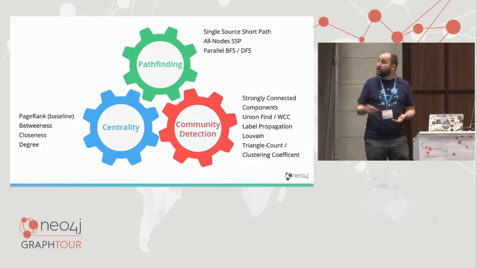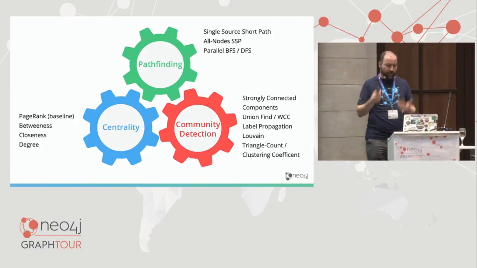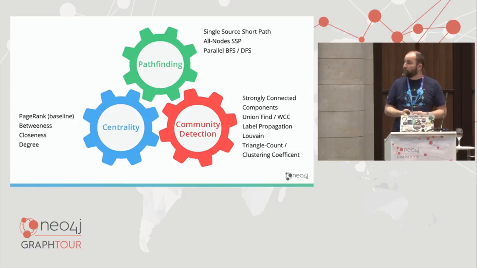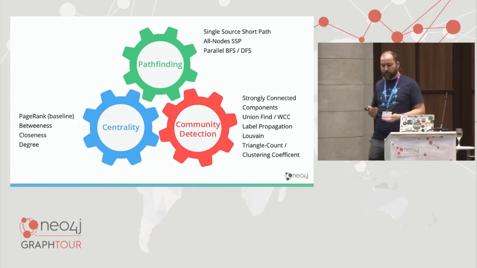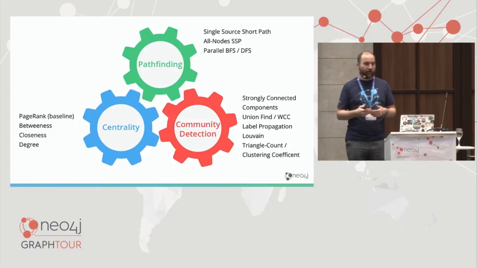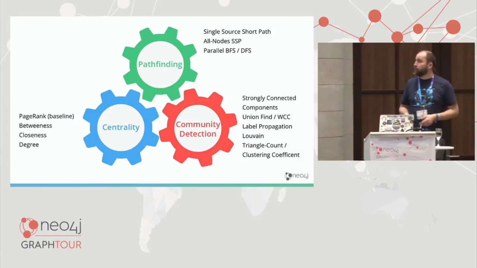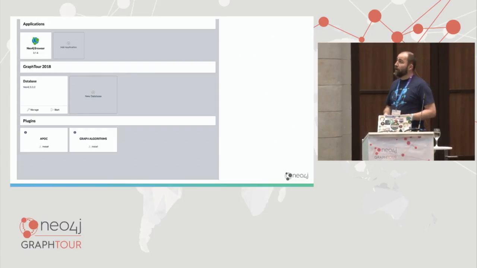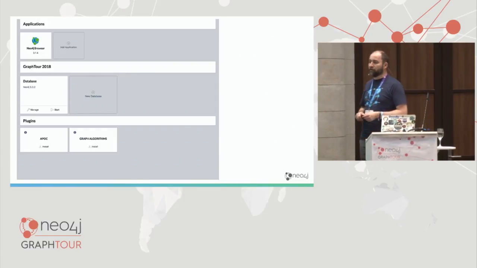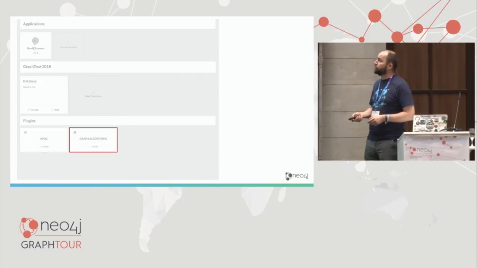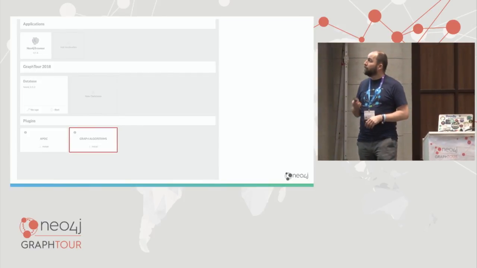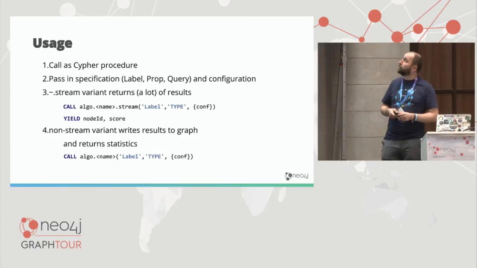We implemented all these algorithms which can help us get more insight from our graph data and enrich our graph with scores and information that we can then use in our transactional queries to get better results, for instance for recommendation, fraud detection, and similar things. Fortunately, since a few weeks, you can also install graph algorithms as part of your Neo4j Desktop. And I think they will also be available in certain cloud instances as well.